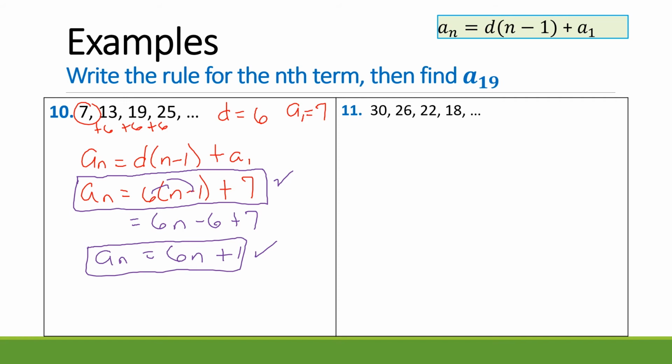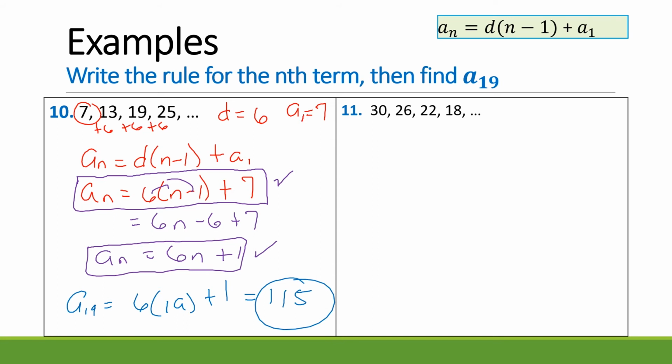Now I want to find a sub 19 or the 19th term. So I simply plug in 19 for n. 6 times 19 plus 1, that is 115. And so my rule is a sub n equals 6n plus 1, and then my 19th term is 115.